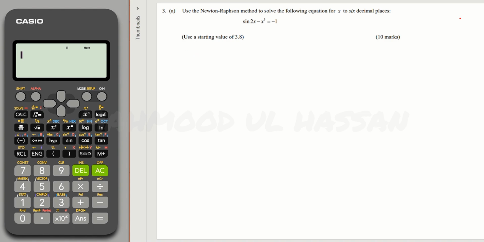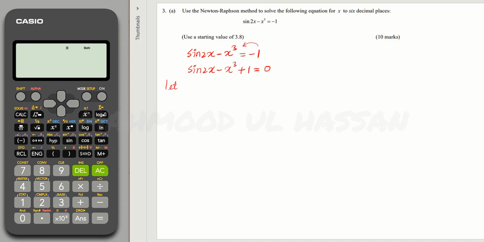So let's get started. Our equation is sine 2x minus x cube equals minus 1. Shift this constant to the left side, so it becomes sine 2x minus x cube plus 1 equals 0.